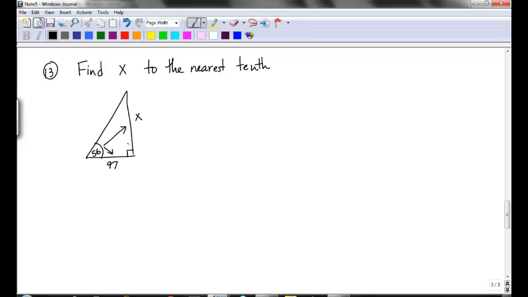Which trig function? Tangent. So I want tangent of 56 equals opposite over adjacent. For a while, don't shortcut that. Write it down. So tangent of 56 equals the opposite side would be x. The adjacent side would be 97.